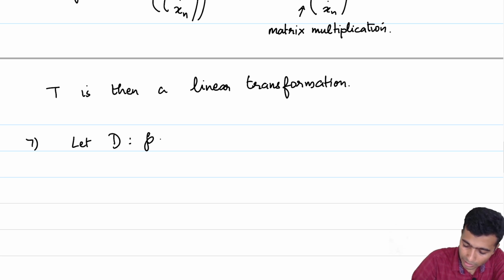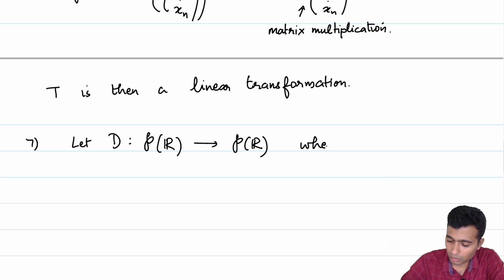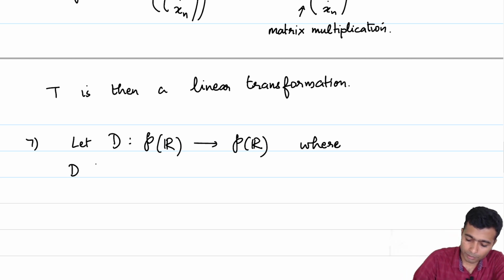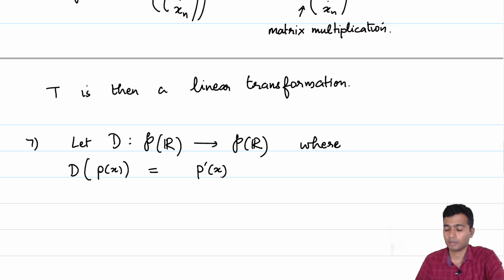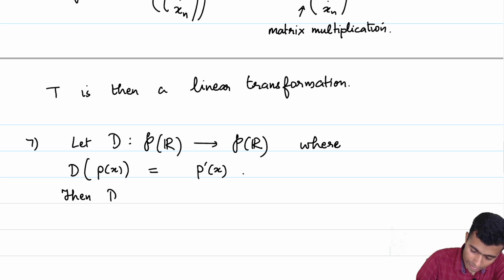Let D be the map from P of R to itself, where D of a polynomial is its derivative, P prime of x. Then check that from calculus you should know that D is a linear transformation.